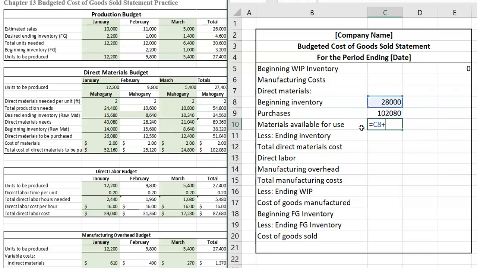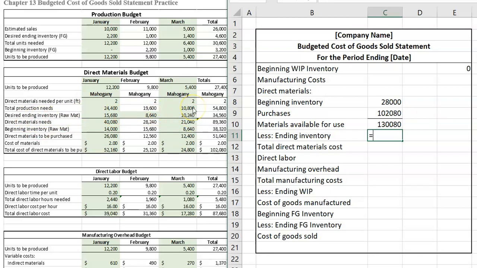Our materials available for use is our beginning inventory and our purchases added together. Then we deduct our ending inventory to see how much in direct materials we actually used. Same idea as the beginning inventory: this is a quarter, so our ending inventory will be in March.